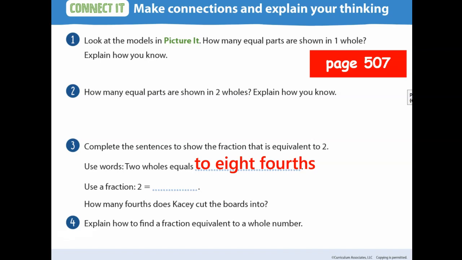I just said it. 8/4. So I need to write that as a fraction, 8/4, like that. How many 4s does Casey cut the boards into then? 8 of them. Just 8, right? And then explain how to find a fraction equivalent to a whole number. So there you have it.